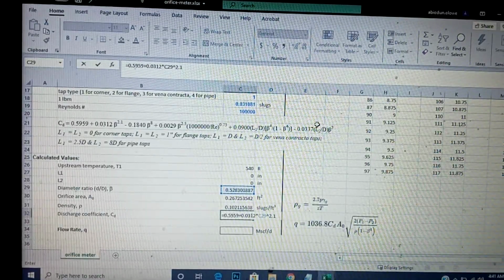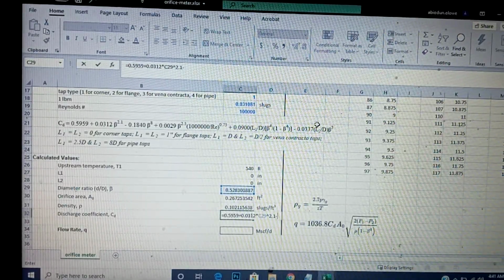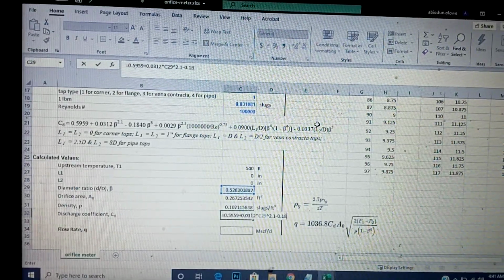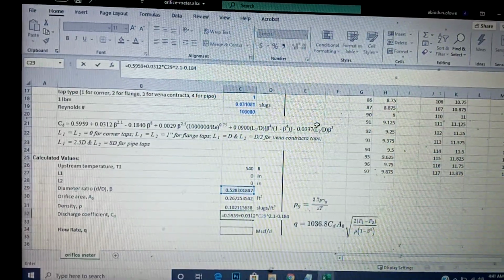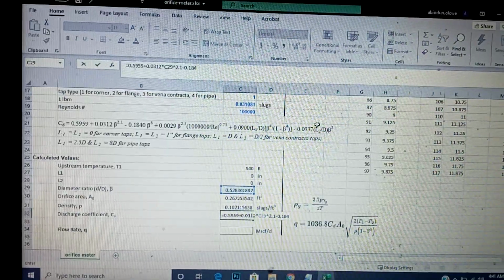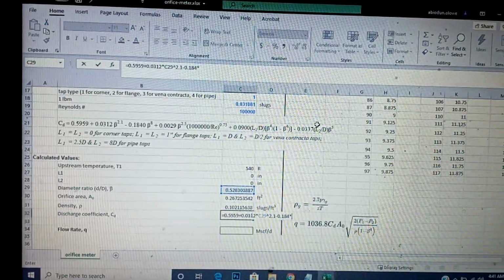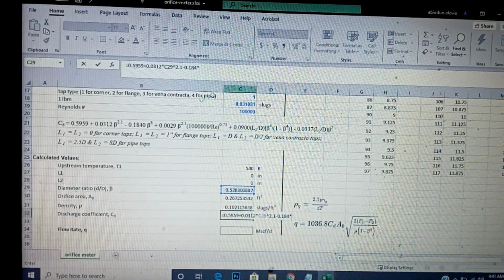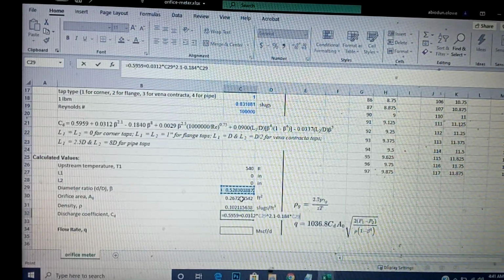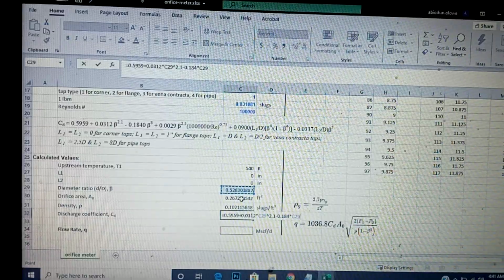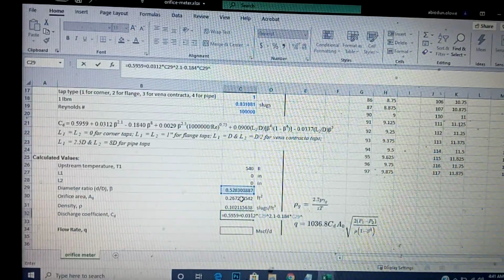Minus 0.184. I don't need the 0 because it's a decimal. Then multiply by beta to power 8. I click on beta again. Shift 6, 8.